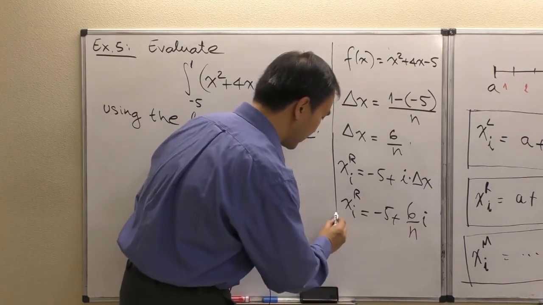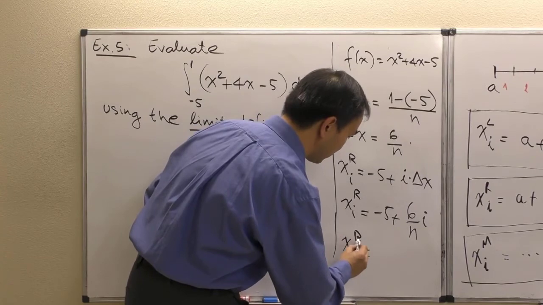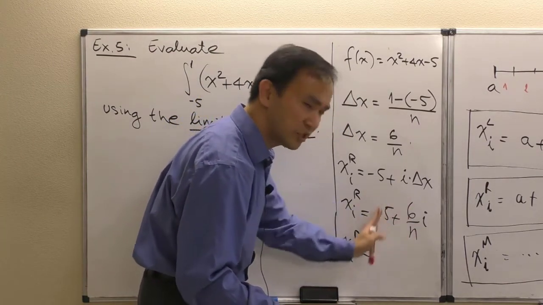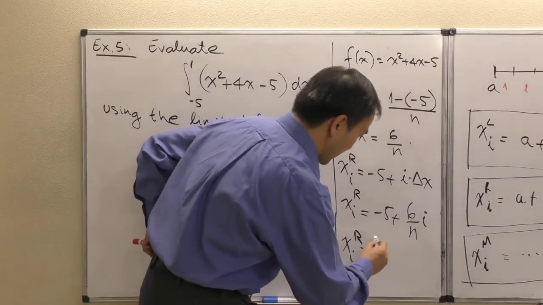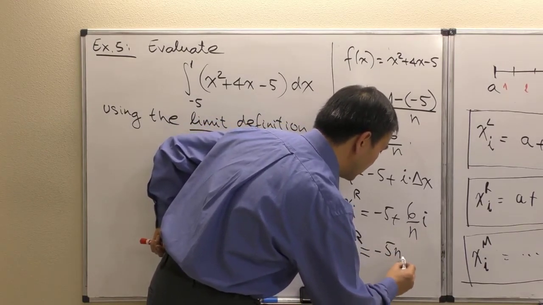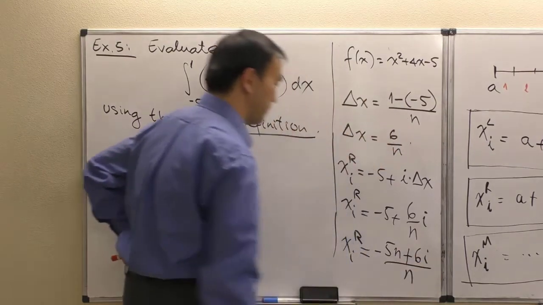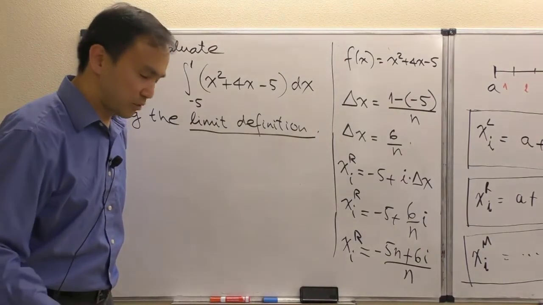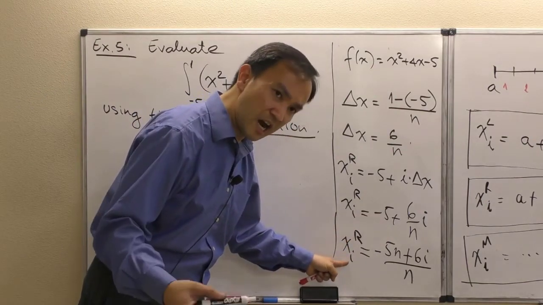I recommend my students write it in a more simplified form, making a common denominator and putting it into one fraction to keep life simpler: (-5n + 6i) over n. That's what I'm doing with each right endpoint at any ith interval.